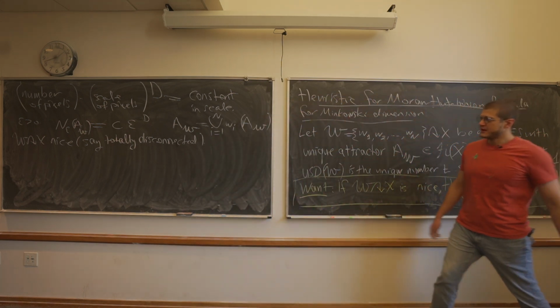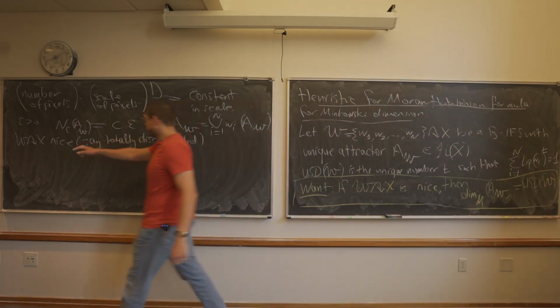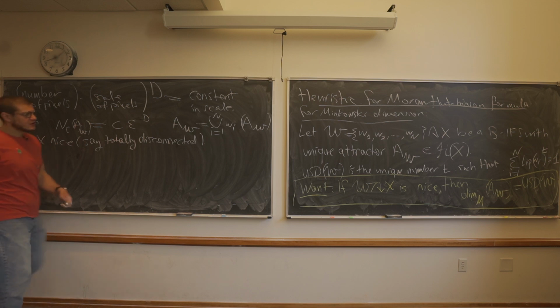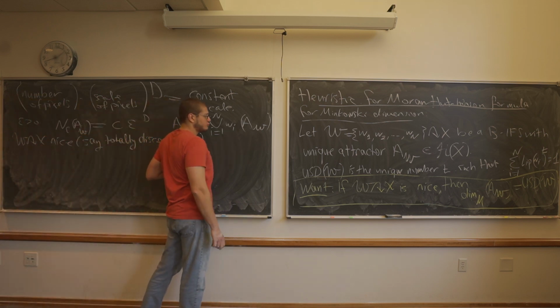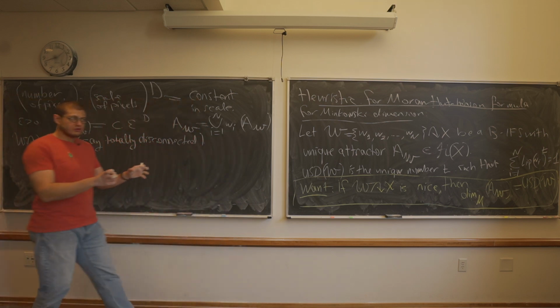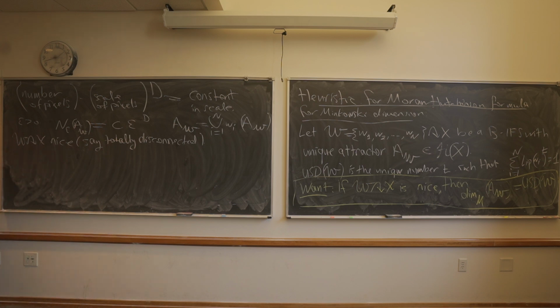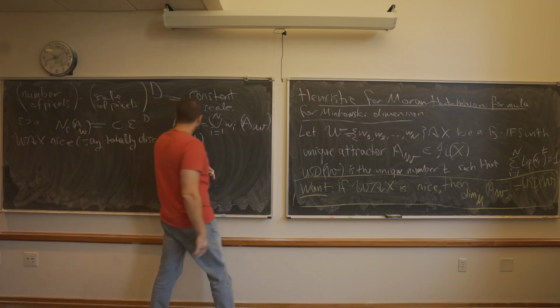Now, let's say that my iterated function system is nice, so that each of these pieces are disjoint. If I have disjoint, compact, and non-empty subsets, the distance between them is positive.